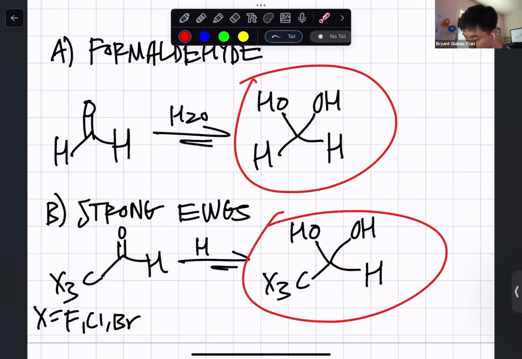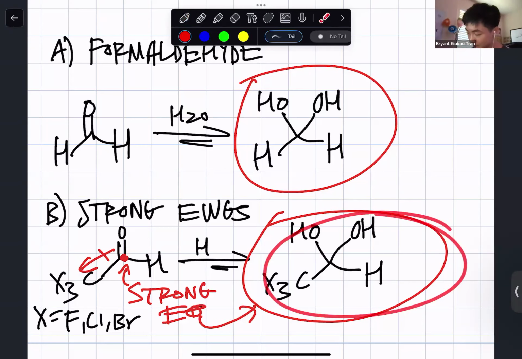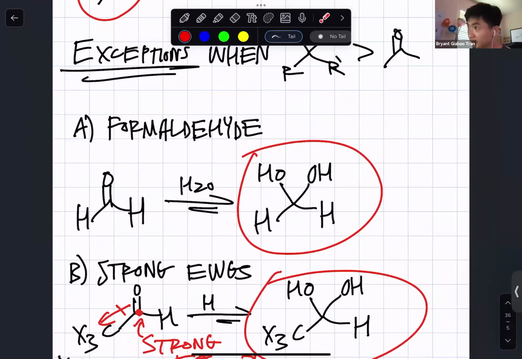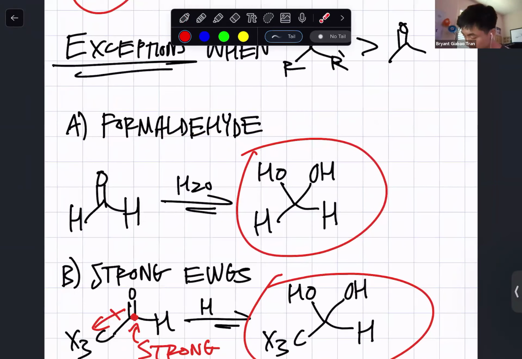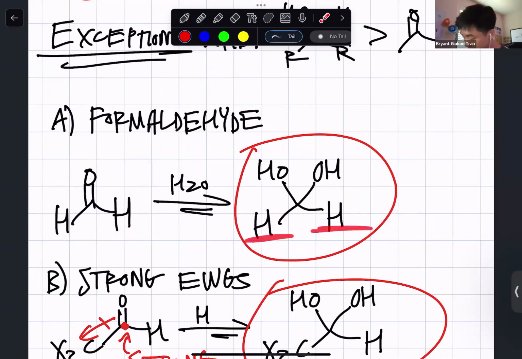The reason why a strong EWG favors the geminal diol over the carbonyl is because this strong EWG makes this carbonyl carbon a strong electrophile, which will just react right away to get to the geminal diol. And the reason why formaldehyde makes the geminal diol favored over the carbonyl is because these hydrogens here are not EDGs, not EWGs, so they don't affect anything.